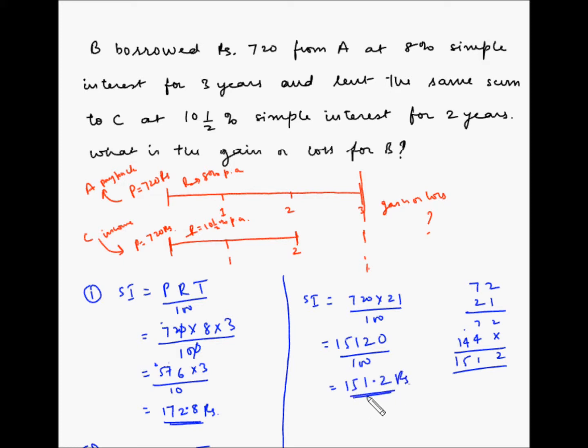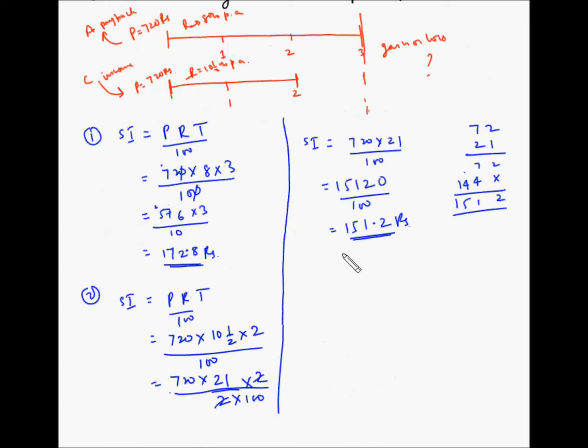So this is the amount he is getting from C. So his income is less than what he is paying out to A. So he is definitely making a loss, and the loss is equal to 172.8 minus 151.2, which is 21.6 rupees. So his loss is 21.6 rupees in this whole transaction.